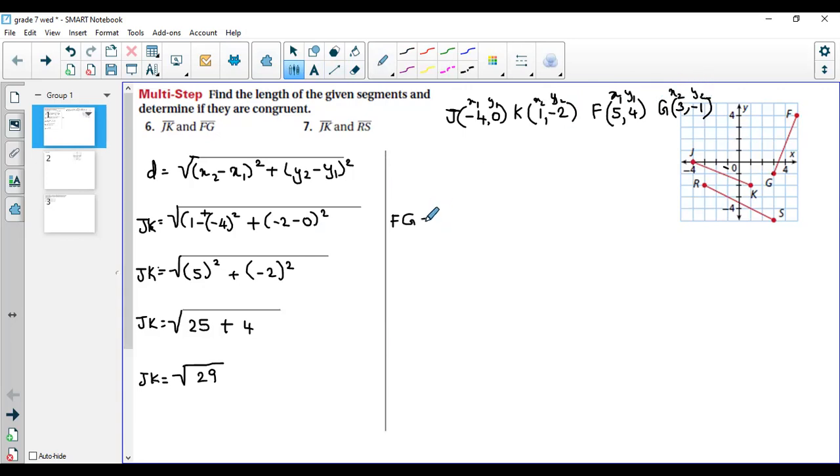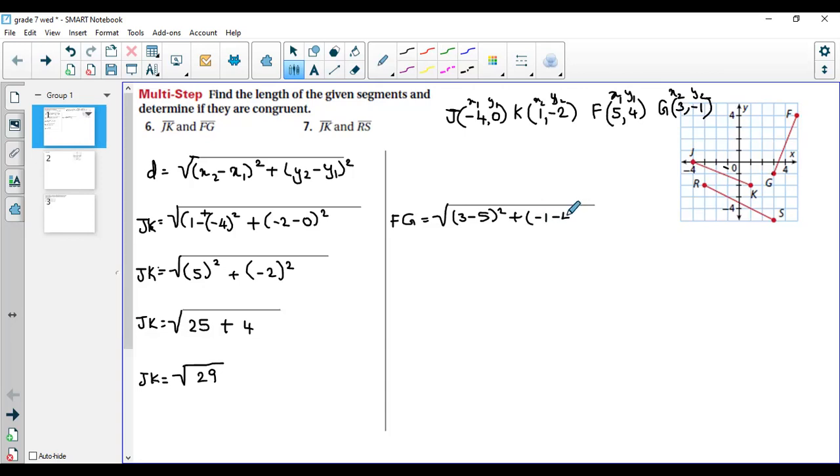Okay. So this is going to be the whole root of x2 is 3 minus x1 is 5, whole square, 3 minus 5 whole square, plus y2 is negative 1 and y1 is 4.